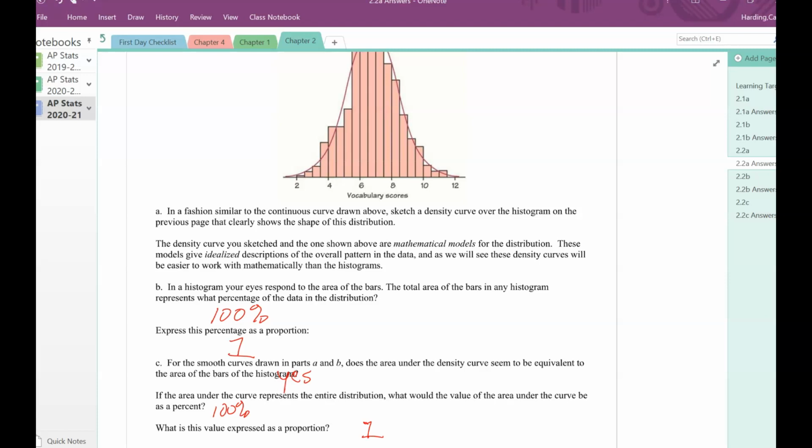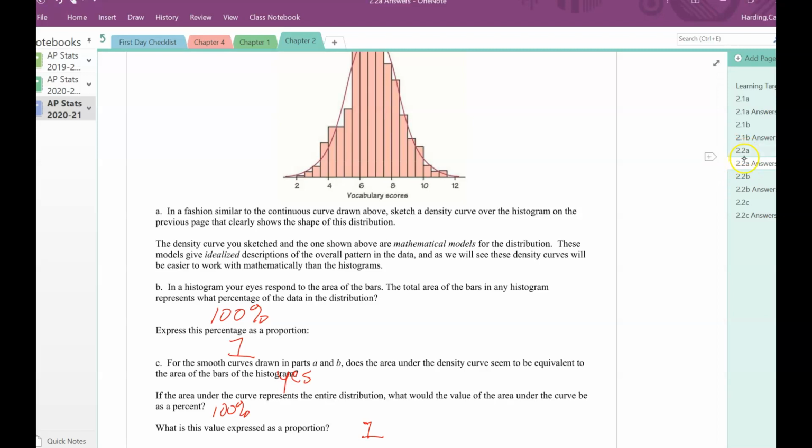So what we're going to look at is the area under the density curve being 100% of the data, or the area being 1. So then we're going to be able to talk about what percentage of the data falls in a certain area of the density curve based on the area that is shaded in.